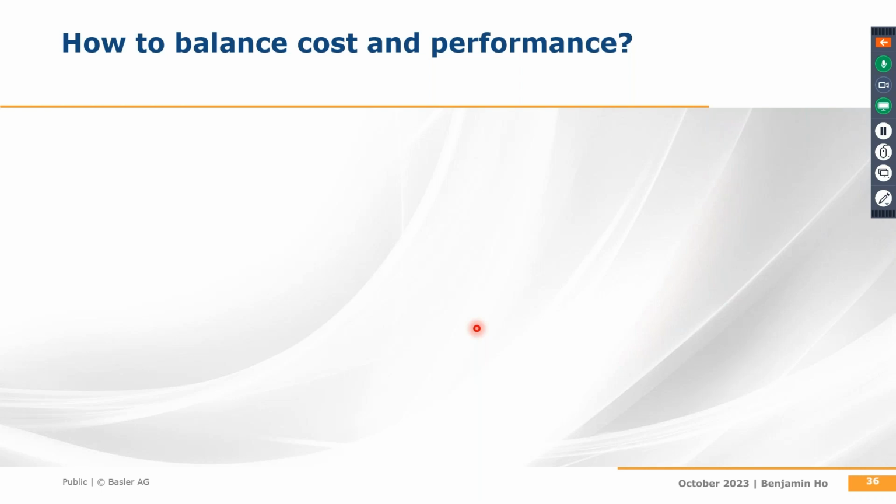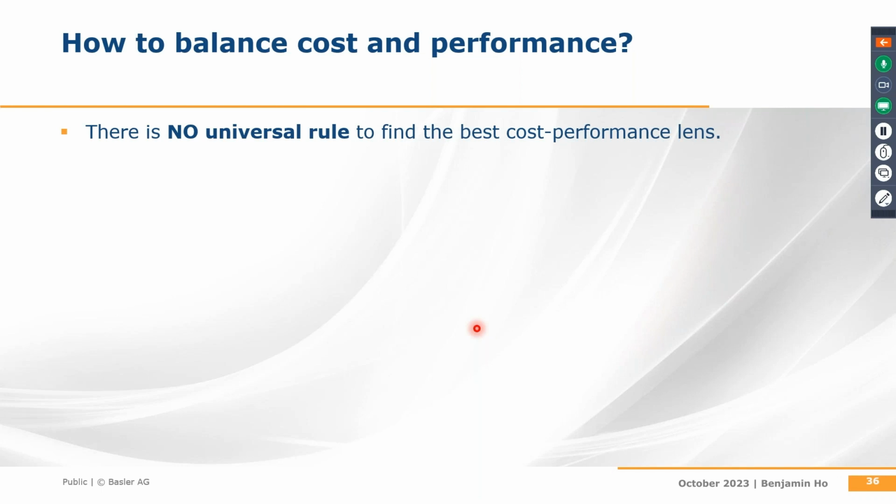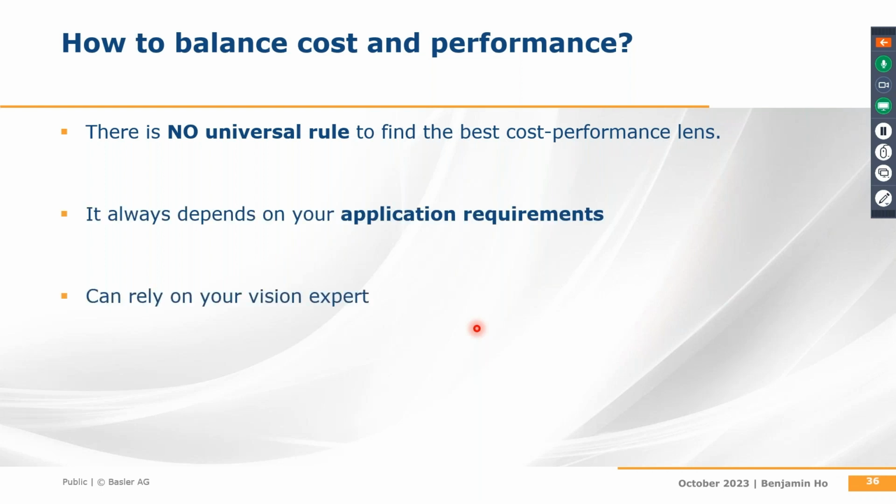What we can share is that there is no universal rule or simple function to help you find the best cost-performance lens. It always depends on your application requirements. Meanwhile, you as our customers can always rely on Basler's vision expertise for consultation.